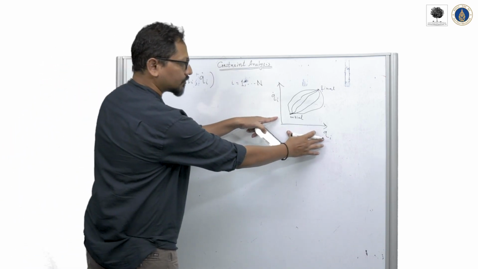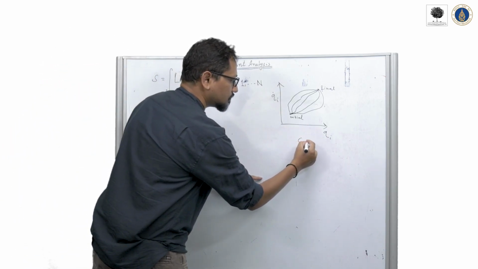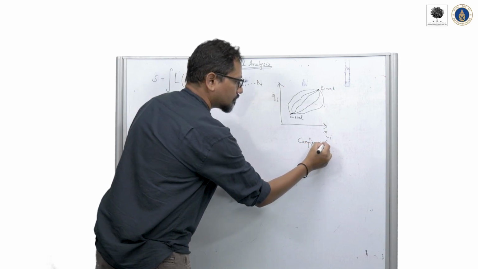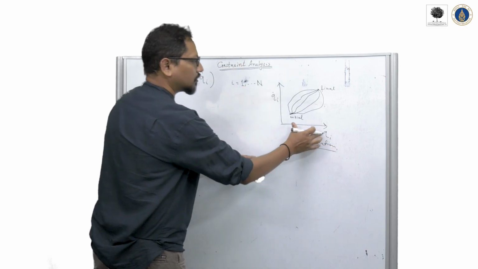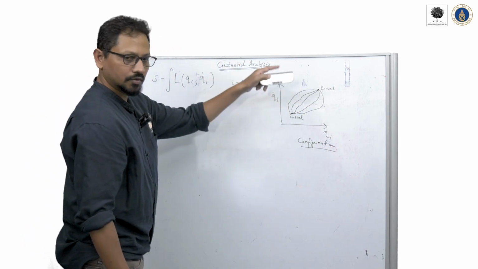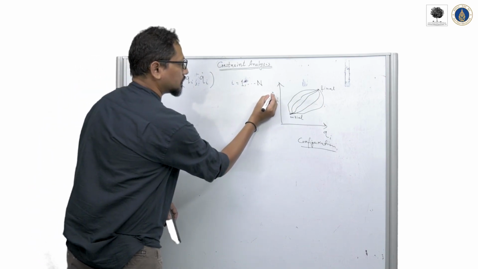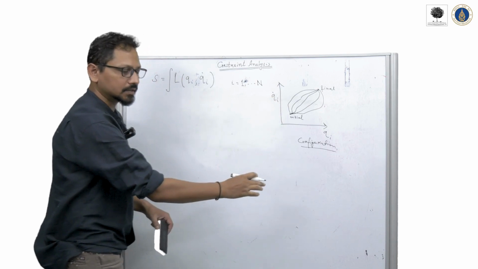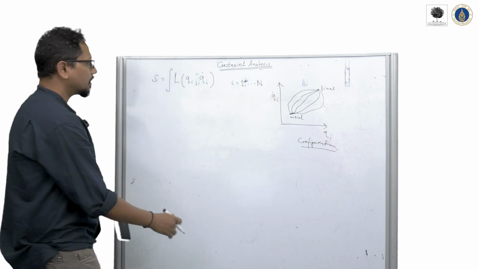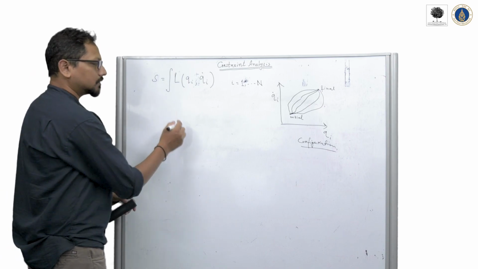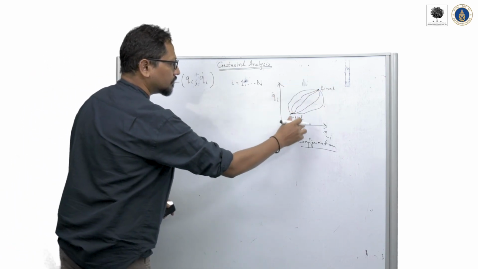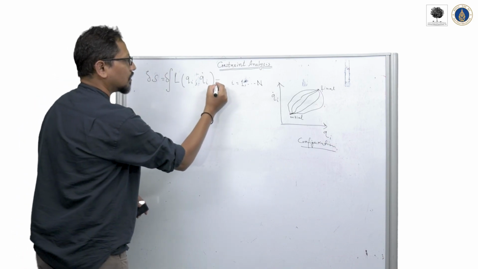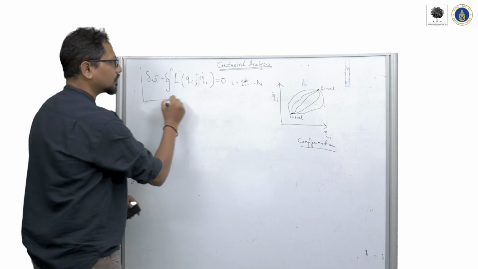This is an abstract configuration space. Of course, it cannot be drawn for more than 3 coordinates, but let us assume that Qi represents all the coordinates and Qi dot represents all the generalized velocities, and the correct path out of all possible paths is given by the delta variation, by extremizing this action.